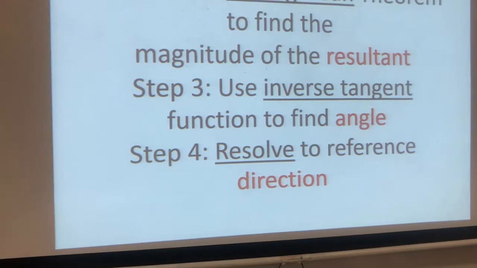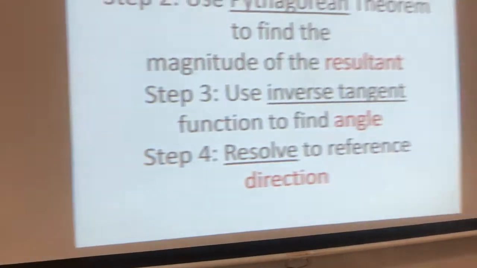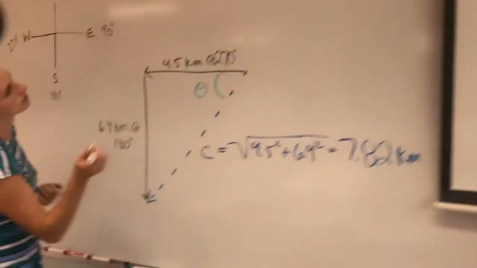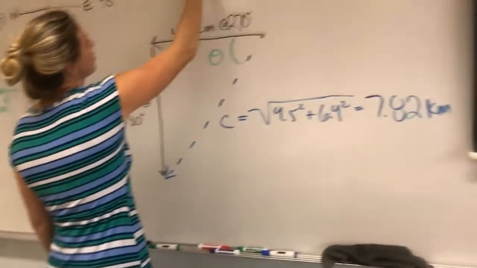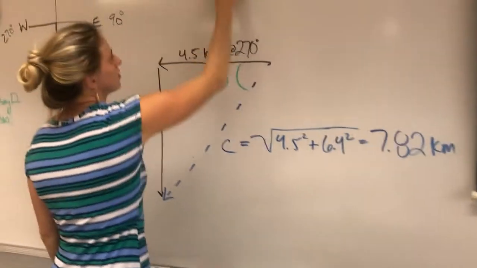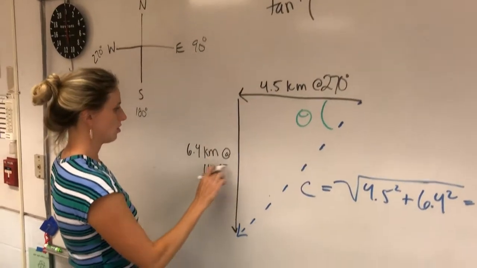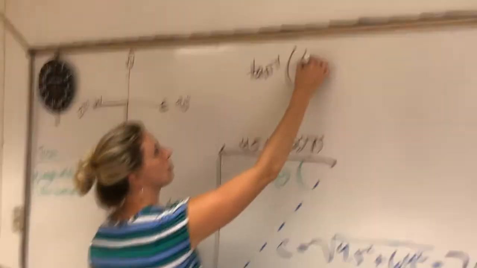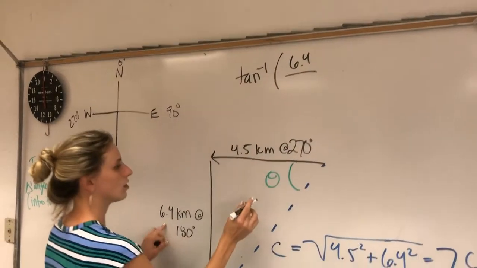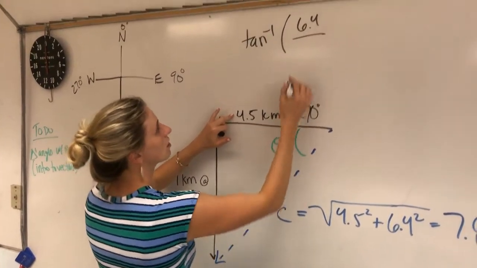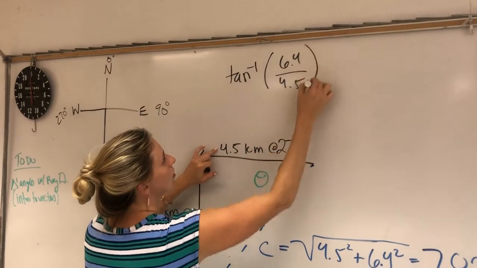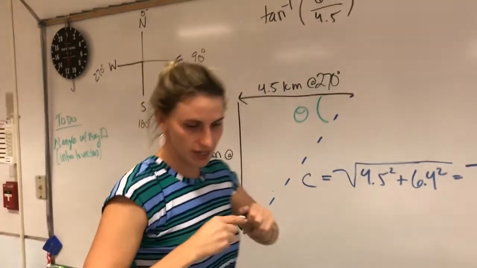Are we done? Step 3. Use the inverse tangent function to find the angle. I know the inverse tangent is tangent to the minus 1, opposite over adjacent. Which one's the opposite? Let's plug this in.